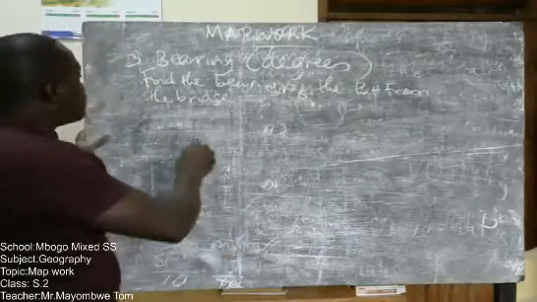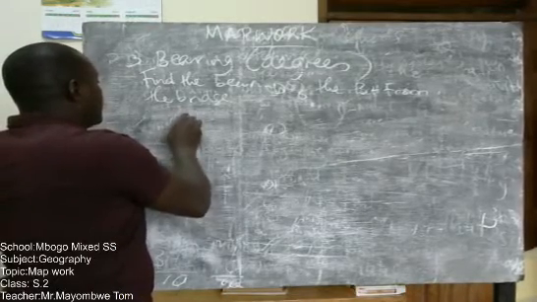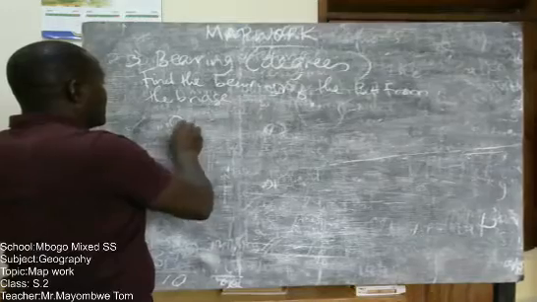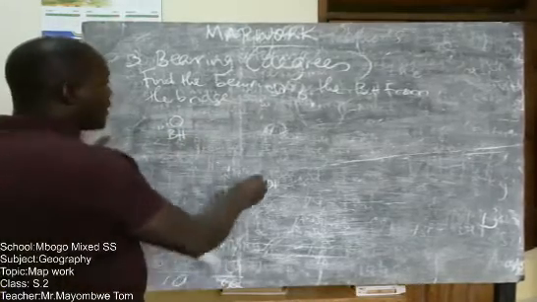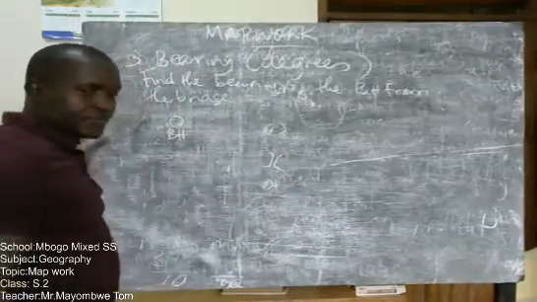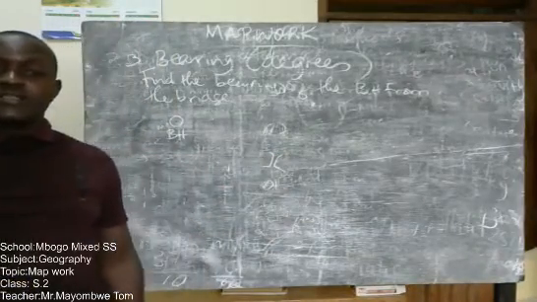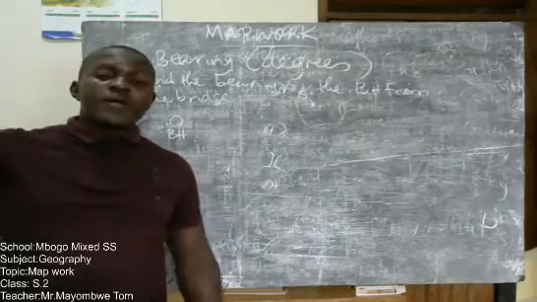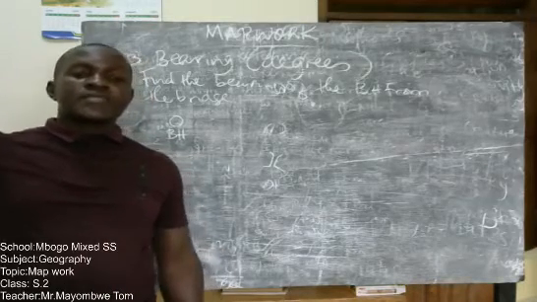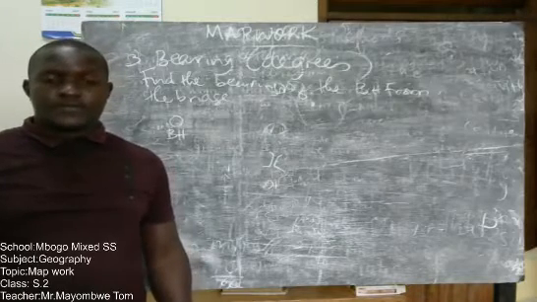Go and see where is the borehole. Where is the bridge? So in finding the bearing, you begin by identifying the two places on the map extract.